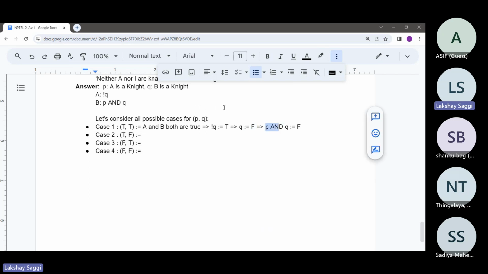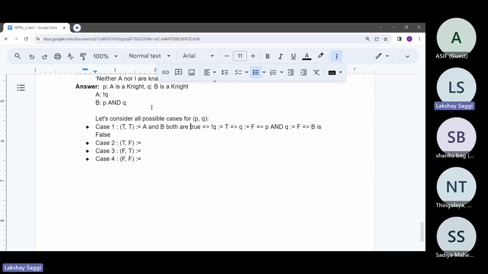So P and false will always return false, right? So this should also be false, which implies that B is false, because B says P and Q, but P and Q is false.